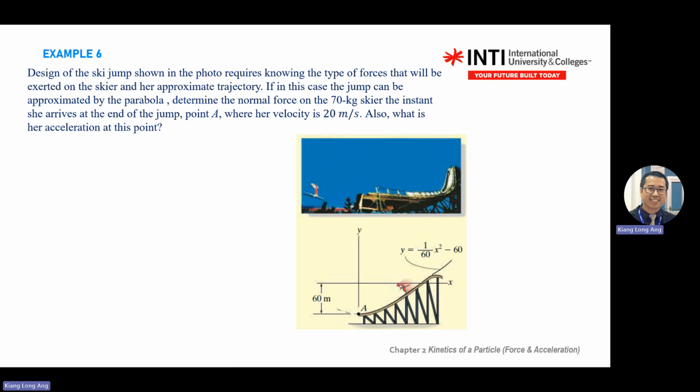Once you lock on one object, you can draw the free body diagram already. Again, you see the object moves in a parabolic or quadratic shape, so this is a curvilinear motion.